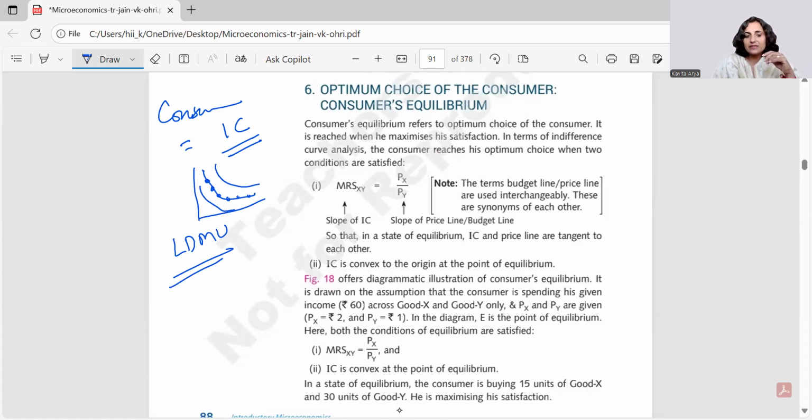When the consumer begins from this point A and gradually comes to this point B, what is he having? He is having more and more of X. Now, because he is sacrificing Y, he is getting more possessive about Y, because the things increased with him are of X. And what is he sacrificing?